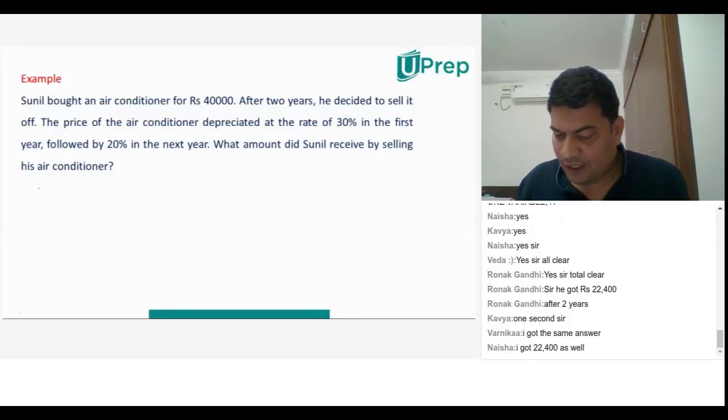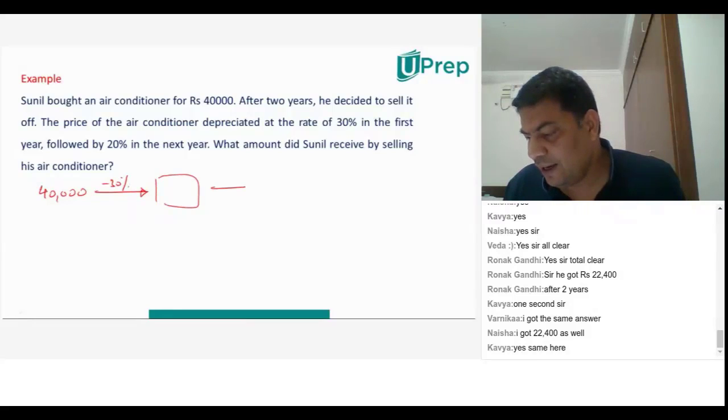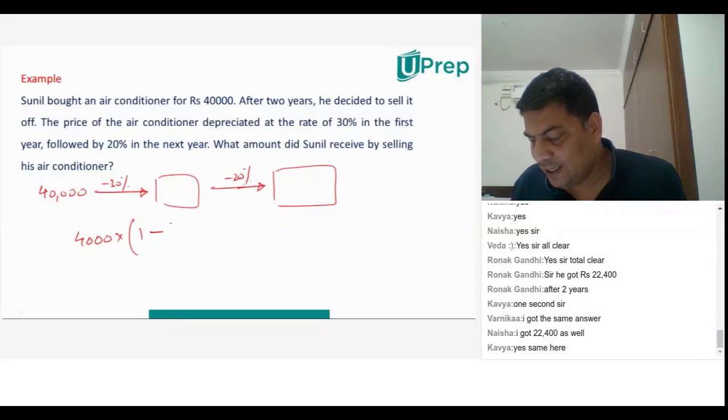So basically this 40,000 is depreciating by 30% first, and then depreciating by 20%. So you need to get to the answer. You might have done the calculation as 40,000 multiplied by (1 minus R by 100), where R is 30 by 100, multiplied by (1 minus 20 by 100).